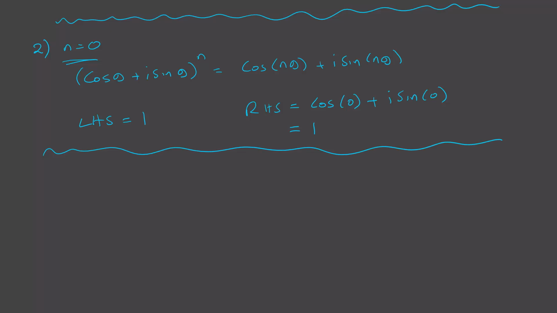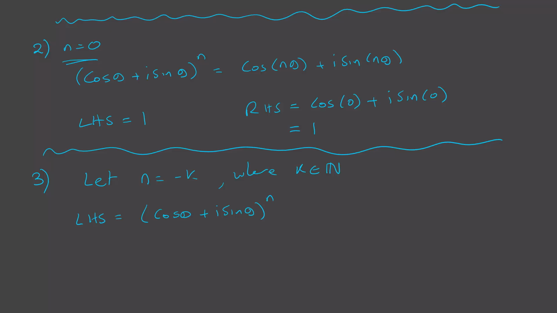So now we're going to move on to part 3, where we're going to show that this is true for negative integers. Now, I'm going to start by letting n equal to negative k, where k is a natural number, and therefore n is definitely a negative integer. And we're going to consider the left-hand side of De Moivre's theorem, which says (cos theta + i sin theta) to the n.